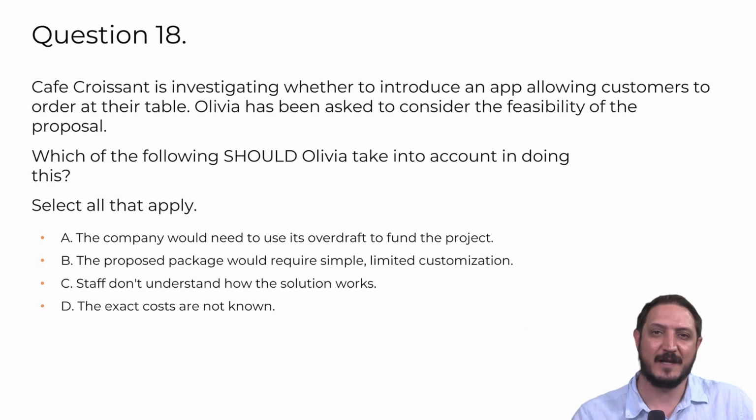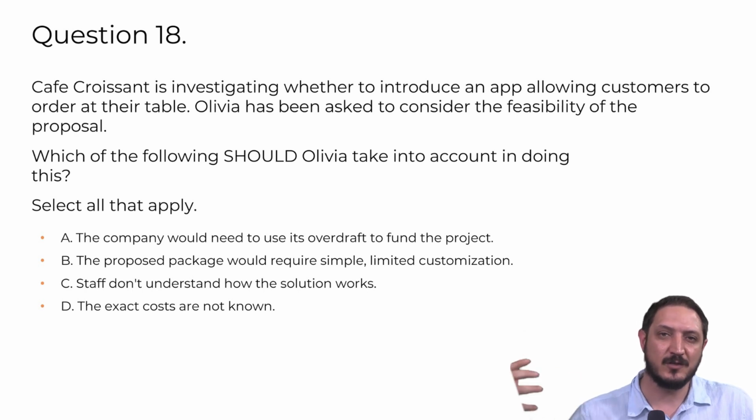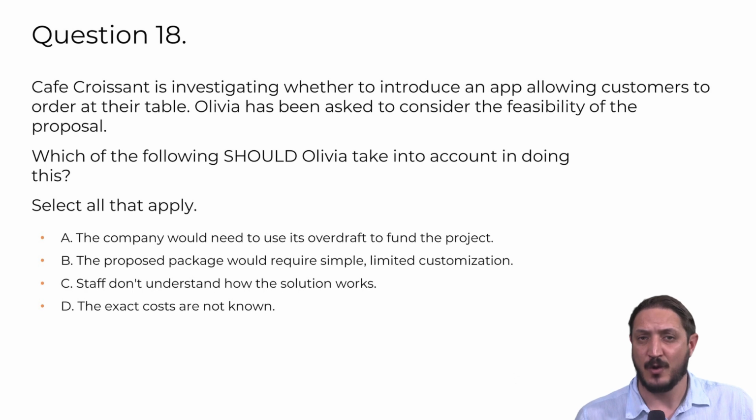Are we capable of actually using this app in this Cafe Croissant organization? Is it financially viable? Can we actually afford it? And if we do use it, is it going to continue being affordable in the future? Or are we going to get a return on investment from it? That's the question we may want to ask from a financial feasibility perspective.